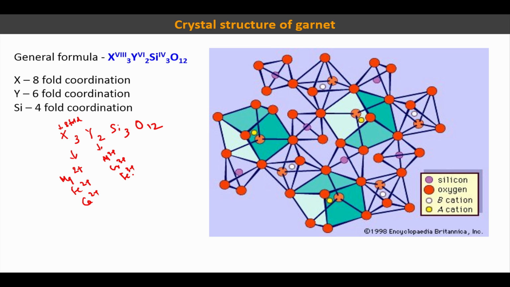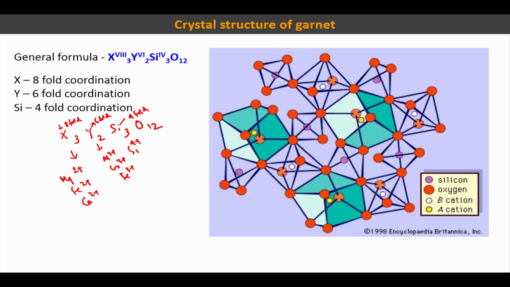All these elements can accommodate in the Y side, which has a 6-fold coordination. And in the Si side you mostly have silicon, which has a 4+ charge and a 4-fold coordination.